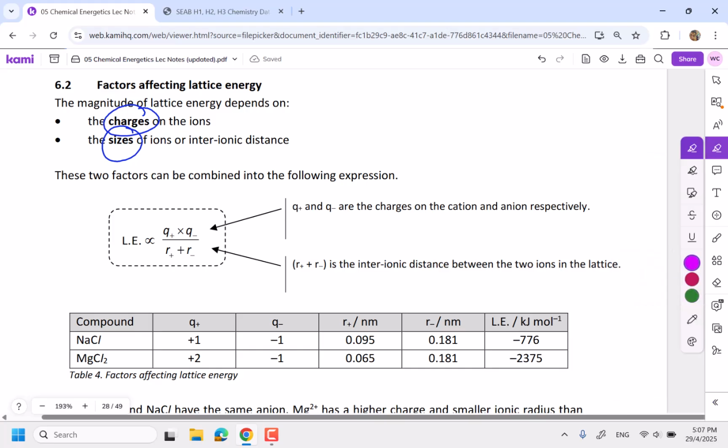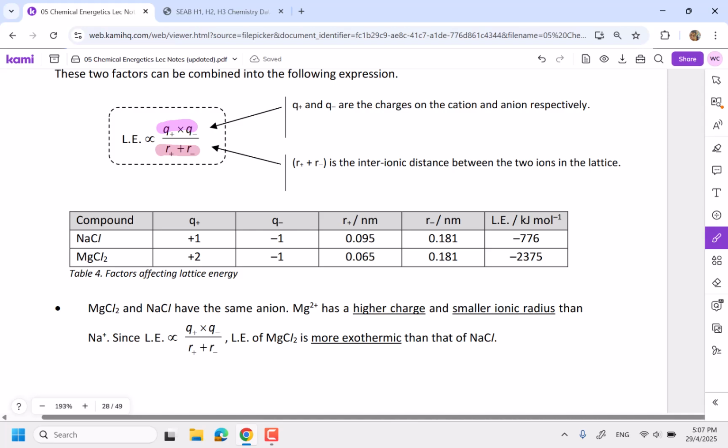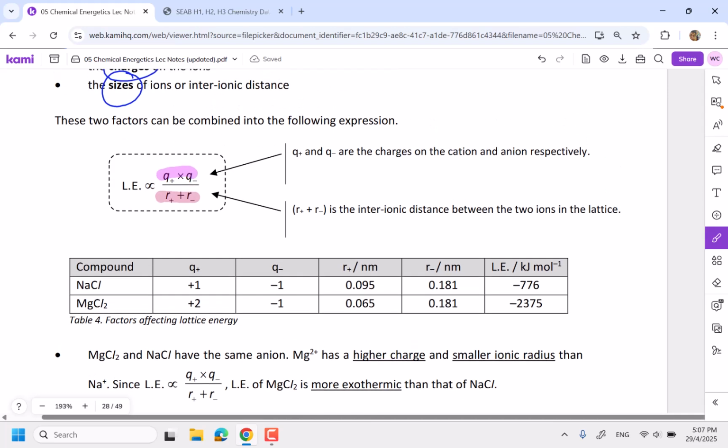So lattice energy is directly proportional to the products of the charges, inversely proportional to the sum of the interionic distance, or the sum of the ionic radii. So in our case here, if you look at sodium chloride versus magnesium chloride, you'll notice that the product of the charges for sodium chloride is 1, that of magnesium chloride is 2.